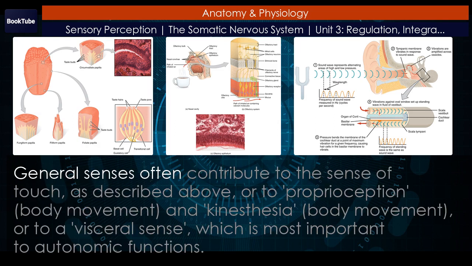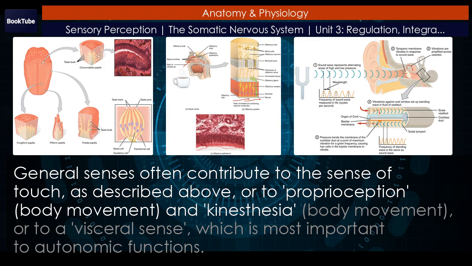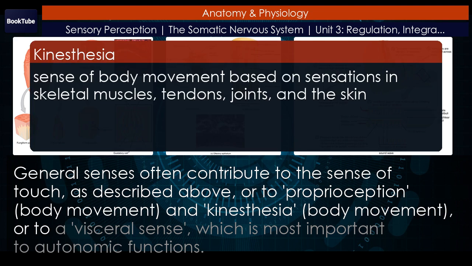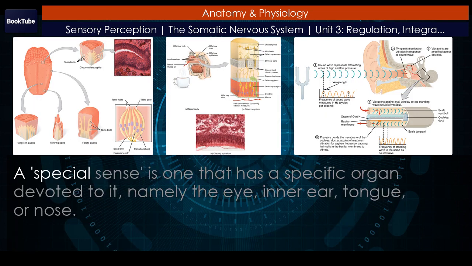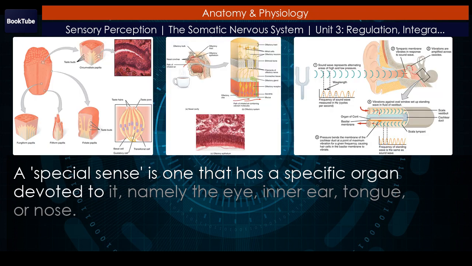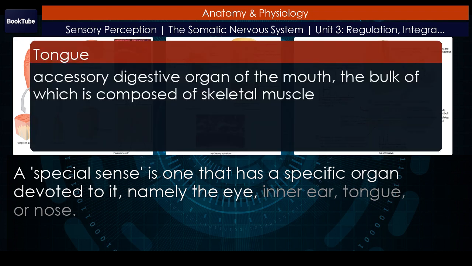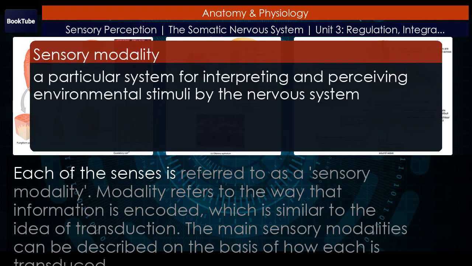General senses often contribute to the sense of touch, as described above, or to proprioception, body movement, and kinesthesia, or to a visceral sense, which is most important to autonomic functions. A special sense is one that has a specific organ devoted to it, namely the eye, inner ear, tongue, or nose. Each of the senses is referred to as a sensory modality.